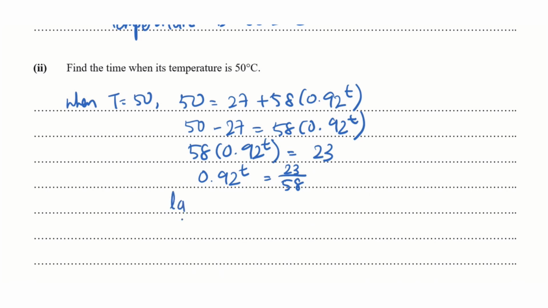So we will apply logarithm on both sides of the equation. This is one way that we can do things. I'll explain another way later on. Oops, sorry, not 0.92, it's log of 23 over 58. Then I can bring down the t by my logarithm law.